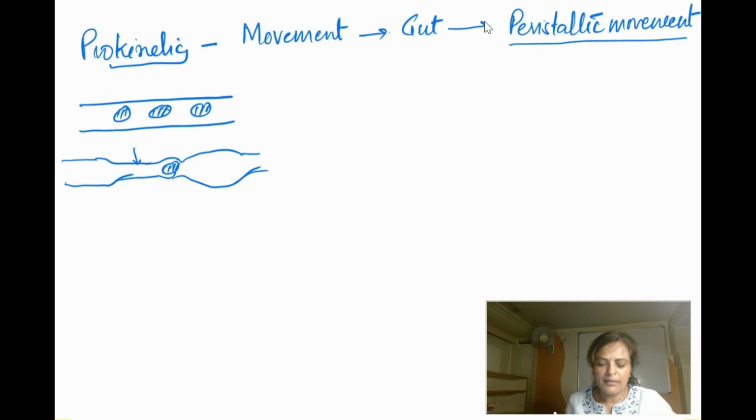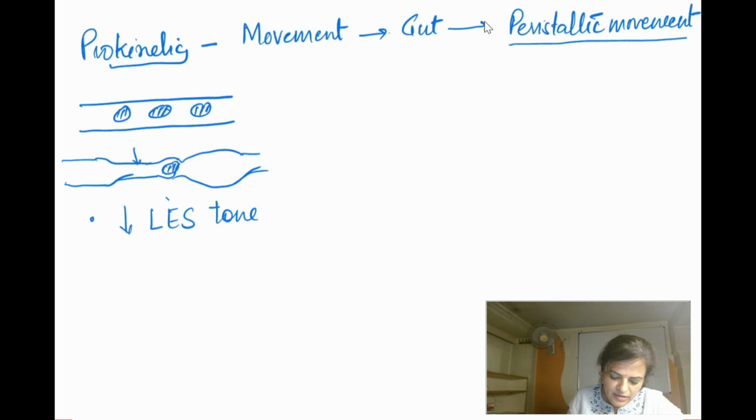But sometimes what happens if there is any problem? Suppose there is a decrease in the lower esophageal sphincter tone, then what will happen? Instead of moving forward, the food will regurgitate back into the esophagus. That leads to heartburn.